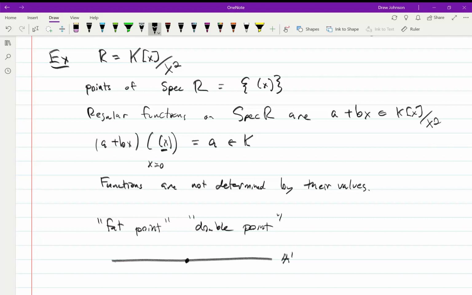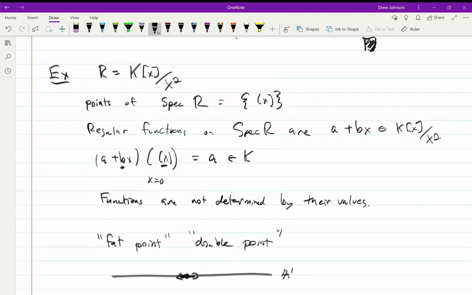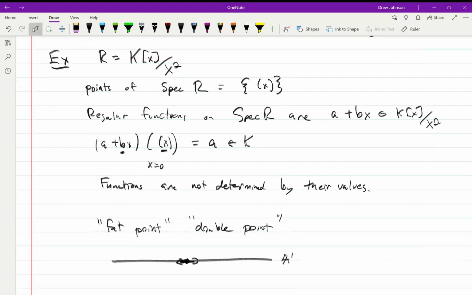If you look at the point at the origin, it remembers a little bit of the infinitesimal direction at the origin. This b corresponds to the derivative of a function at the origin, so it remembers a little bit of information about how it used to be in A1. Maybe that's one way to think about it. We'll say more about exactly how you can think of this ring as corresponding to derivatives or tangent directions a little later, I think.